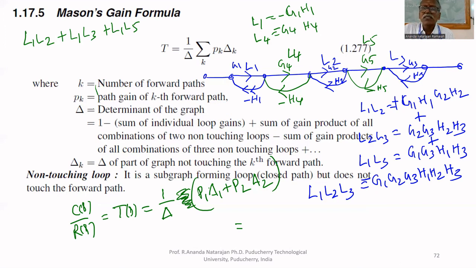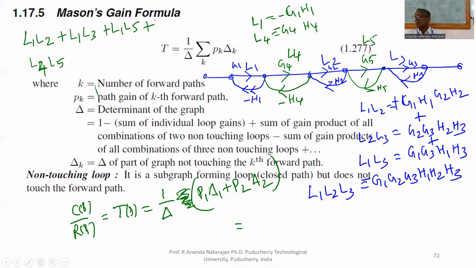Then take L2. With L2, L3 already wrote. L3, L1 already wrote. Only thing is L4. If you take L4, L5, they are not touching. Am I correct or not? L4, L5 are not touching. Only one more group you are getting.